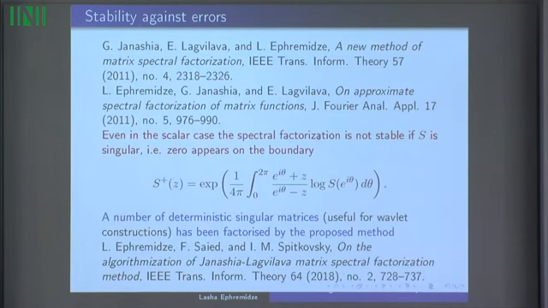And in some cases anyway, since we are reducing the problem to the scalar case, if the matrix which we construct is deterministic and singular, for example, which are useful in some wavelet constructions, we have been able to factorize such matrices by reducing to the scalar case. Because in the scalar case, if you have a deterministic 0 on the unit circle, then you can factor out this 0, maybe manually even in some cases, and you get what you get.